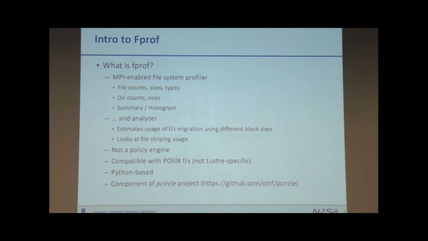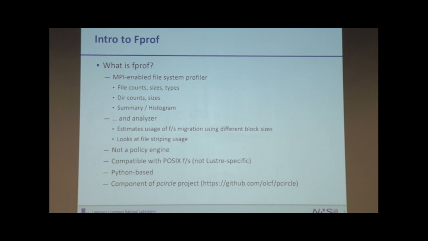Okay, so Fprof, what is Fprof? As I mentioned, I think that we've been lacking a good comprehensive tool that can give us the file system characteristics that we've been wanting. And so Fprof is a Python-based, MPI-enabled tool that can go and walk the file system relatively quickly and provide all sorts of interesting statistics.